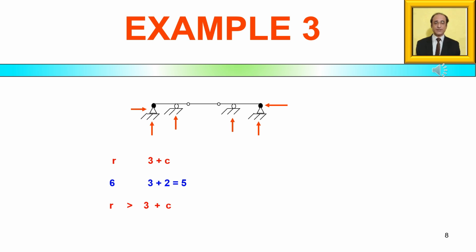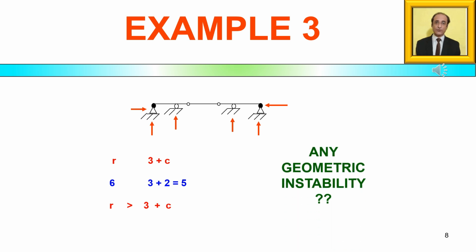However, before jumping to a final conclusion, we must check if there is any indication of a geometric instability. No, we don't find any reason for any kind of geometrical instability. To check yourself, just isolate the left part of the structure, and if we see in itself, it's stable.